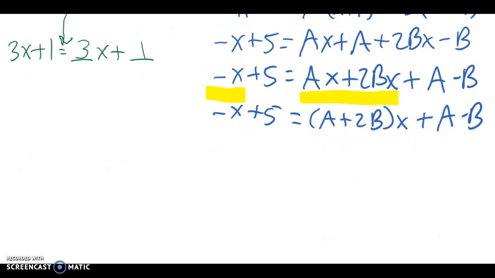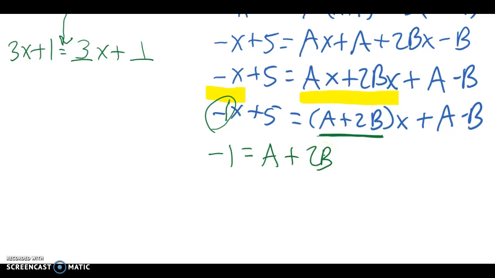And so if I think about what I was saying over here with the green, now can't I say that this negative 1 right here, sorry, it's a really bad negative 1, is equal to this right here? Because they're both what's in front of x, just like over here, our 3 has to be 3. Doesn't negative 1 have to be equal to a plus 2b?